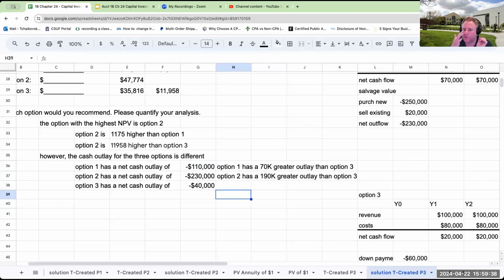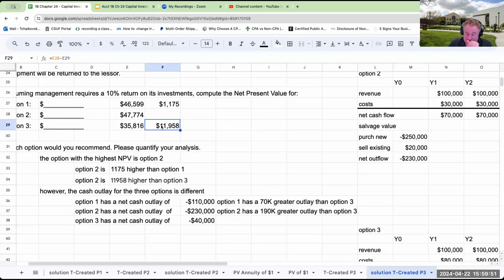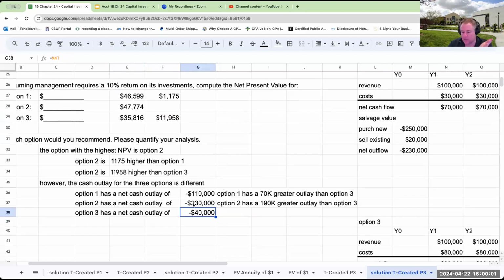So remember, don't just look at the number and say, let's do it. You have to consider other factors. If I'm looking at option three, even though the net present value is lower than the highest one by 33%, I'm only risking 40 grand, right? As opposed to risking 230,000 just for that incremental gain in income.